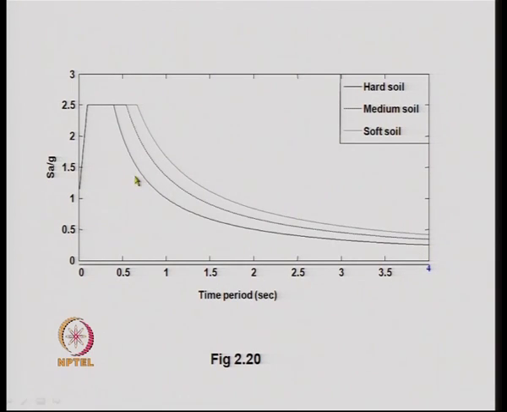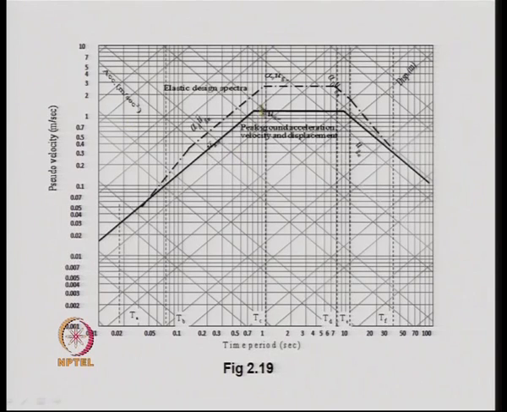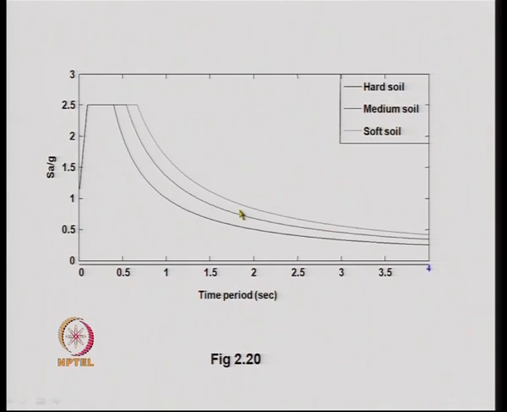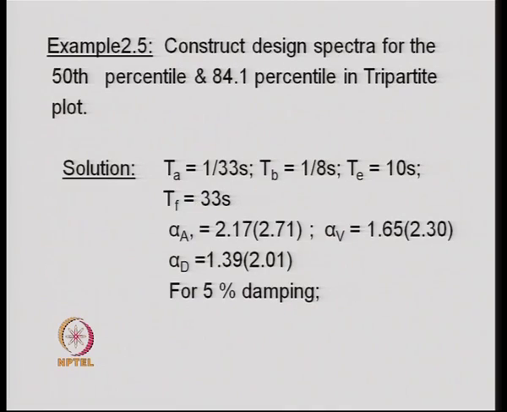That means this shape has emerged from the shape of the response spectrum that was observed in a tripartite plot. So, in almost all codes we find the spectral acceleration plot versus time is of this particular shape.